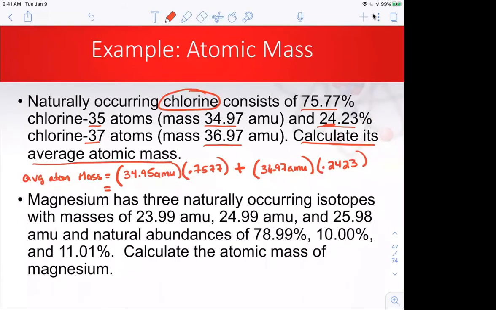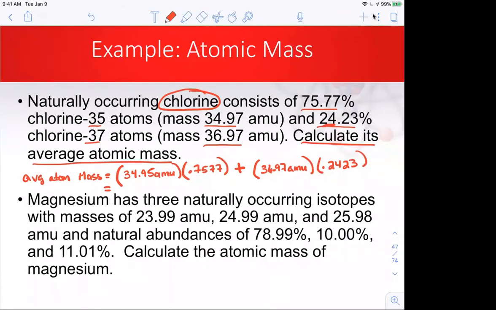When I do this math, I'm going to have 34.94 times 0.7577 plus parentheses 36.97 times 0.2423.